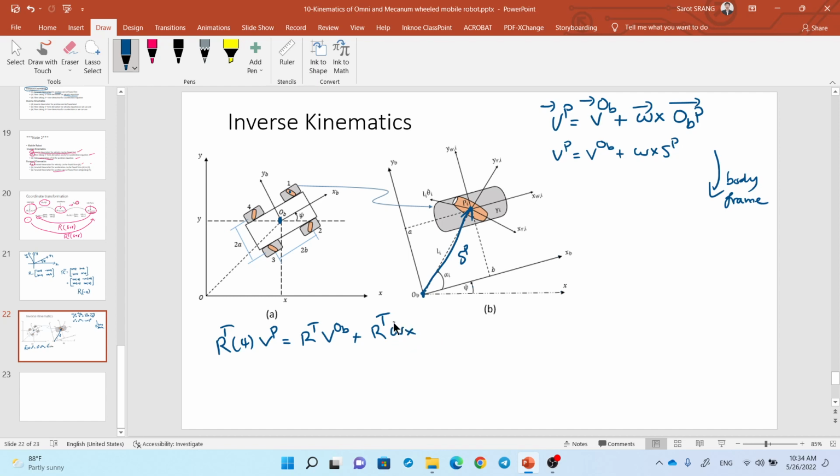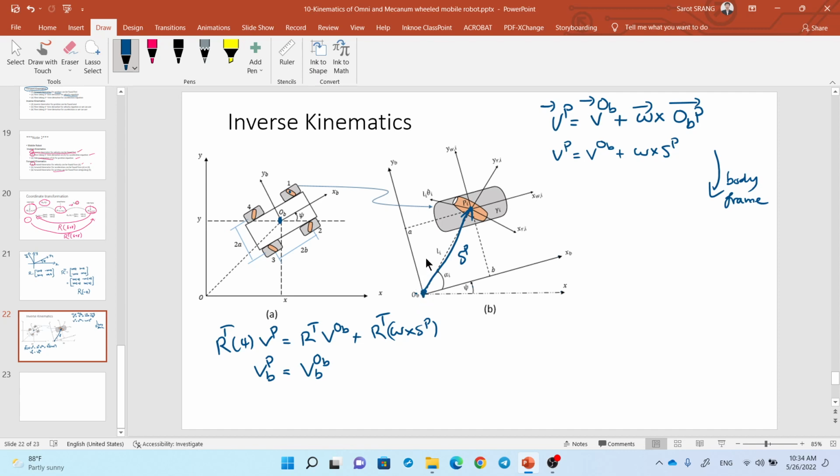cross SP. Okay. Then what I have here is VP on the body frame. And here VOB on the body frame. So what does this mean? Yeah, many students get confused with this. They always say, "Oh, velocity of the point OB here is zero on the body frame."